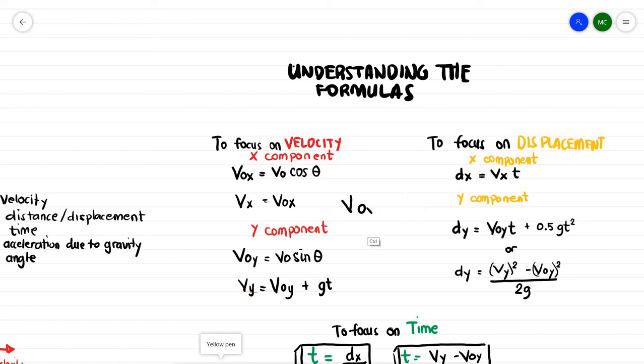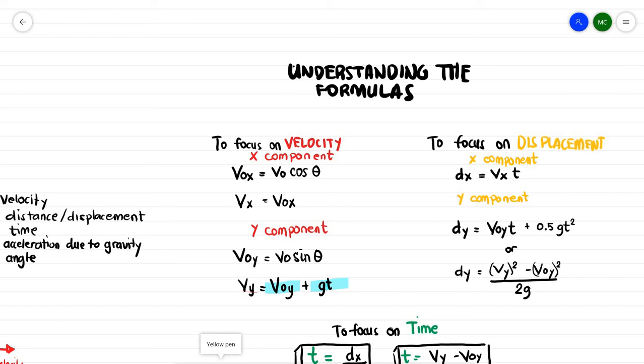Then we can also use the formula to find the final velocity. In order to find the final velocity, if you found out your initial velocity in the y component already, and g is constant, negative 9.8, and especially if you have your time, then you will get your final velocity.